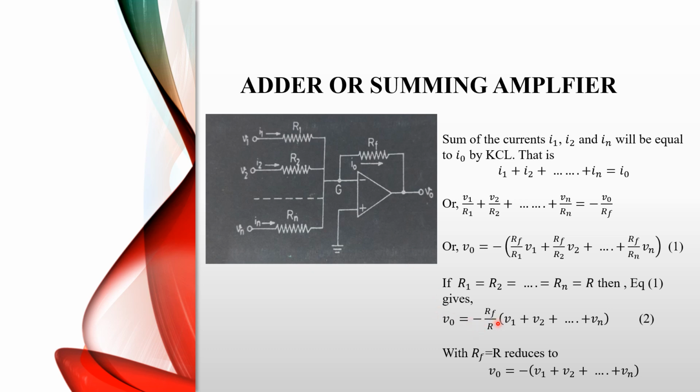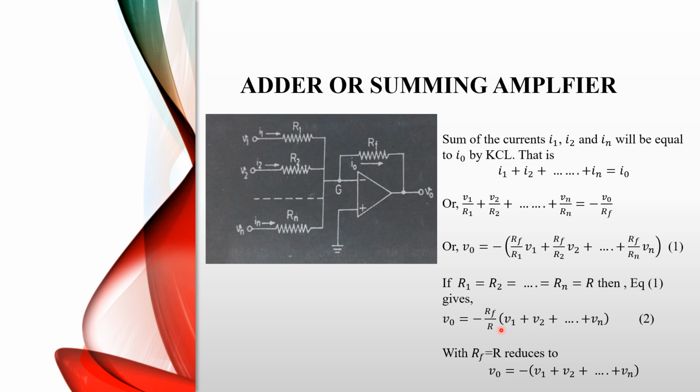If RF value is 10 kilo ohm, R value is 1 kilo ohm, then 10 by 1, that means 10, and into V1 plus V2 plus Vn, that means all the input voltages are added and also amplified.